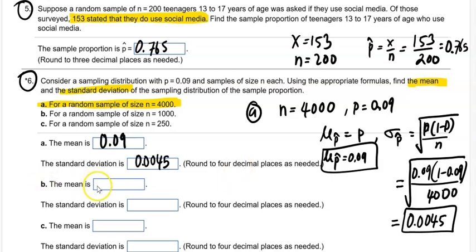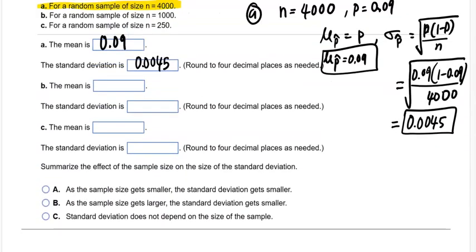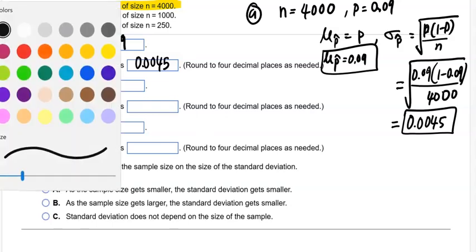For part B, the mean is exactly the same, 0.09, and for the standard deviation you do exactly the same calculation, just putting 1000 instead of 4000. Similarly, you do part C. I already did the calculations for you, so I'm just going to write the answer for each one.